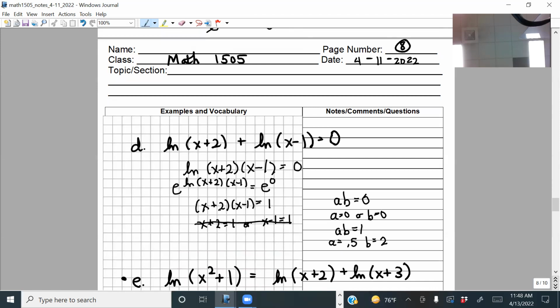Yeah, go ahead and distribute the x plus 2 times the x minus 1. Multiply those things together. That's going to give you x squared plus x minus 2 when you're finished, equals 1. All right. And now subtract 1 from both sides. So you get x squared plus x minus 3 equals 0.